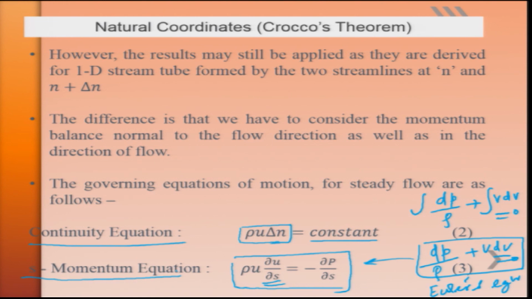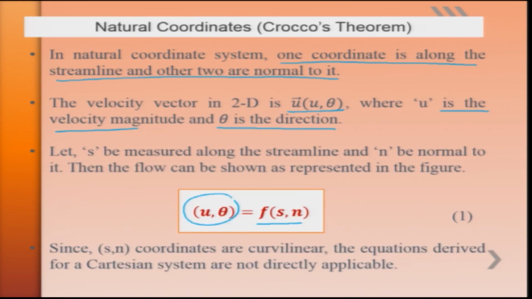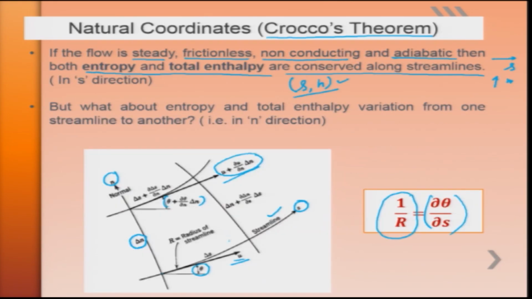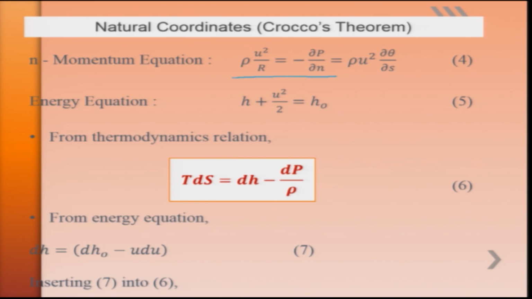What happens in the N component of the momentum equation? For this particular case, we can directly use our physics principle, that is the centrifugal acceleration. Suppose any fluid element which is moving along this streamline will experience a centrifugal force, and this can be written as rho u square upon r.